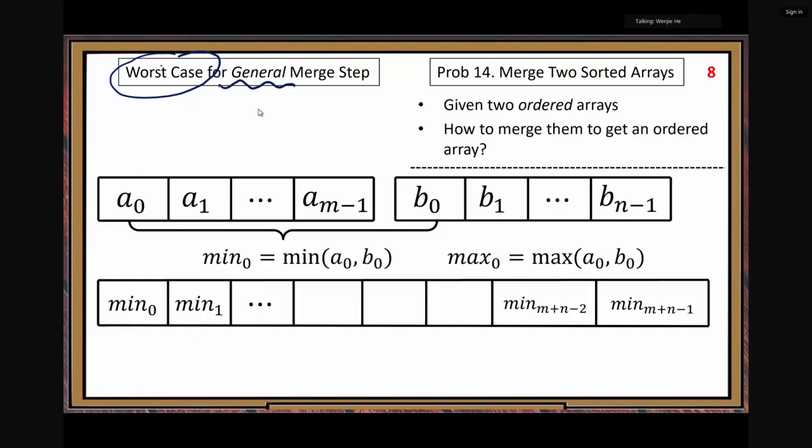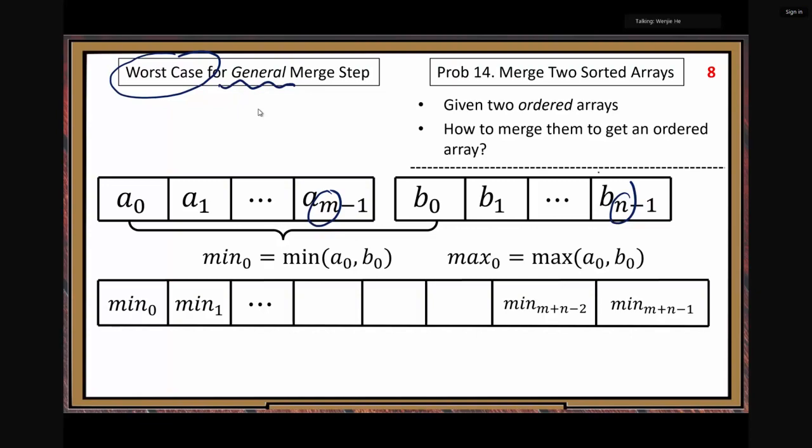This time, the size of the first array is m, and the size of the second ordered array is n. M and n, we do not require these two numbers to be the same. The idea is the same. Every comparison, we put one element in place in our destination array. In the worst case, we do one comparison for the second to last element.